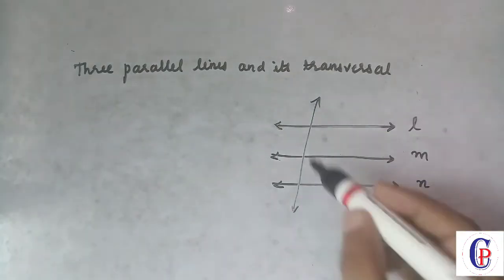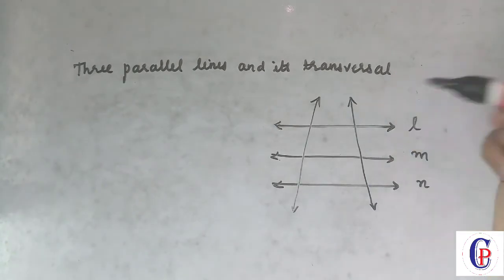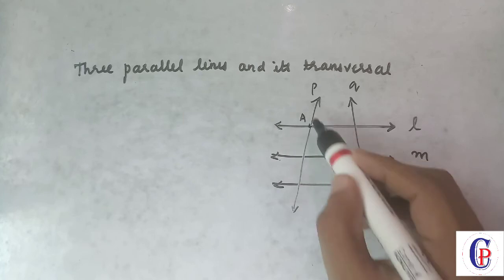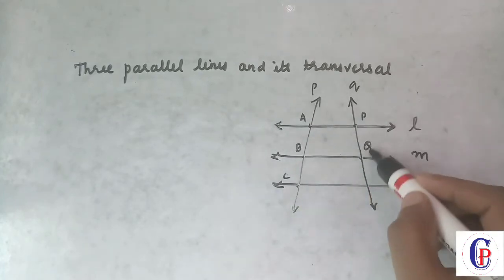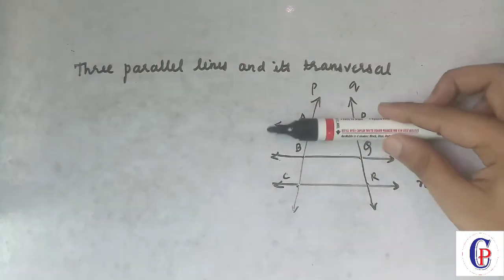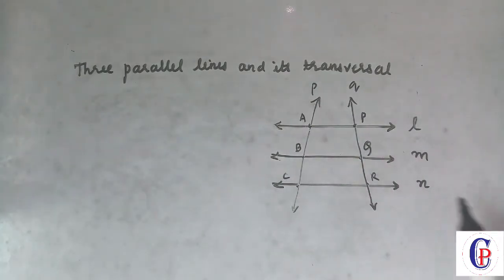Transversal means a line which cuts the parallel lines. Let us give these as P and Q. Now let us name these points as A, B and C, and these as P, Q and R. These three lines L, M and N are parallel.